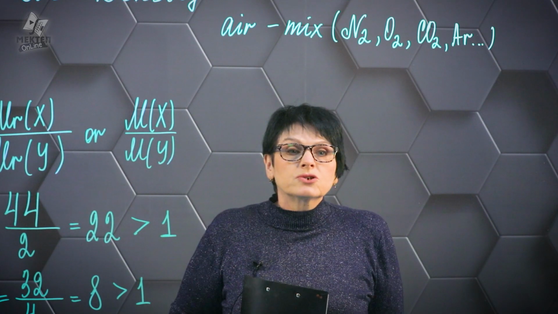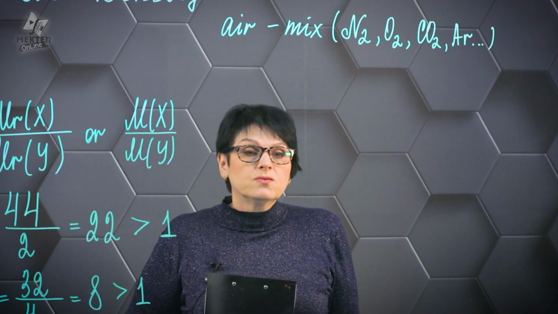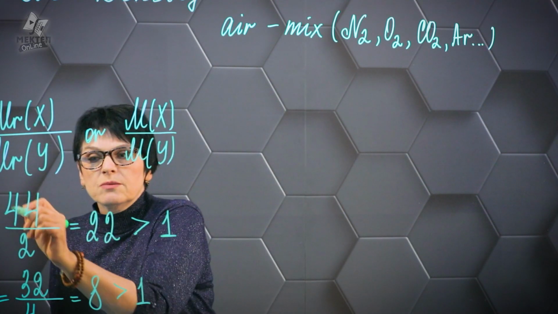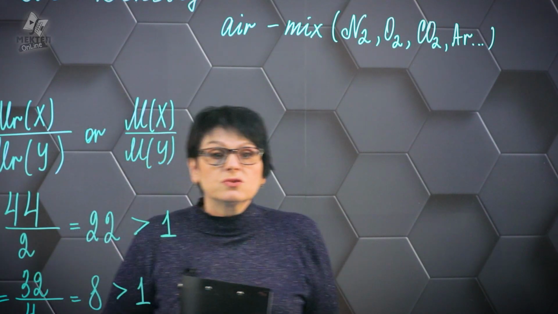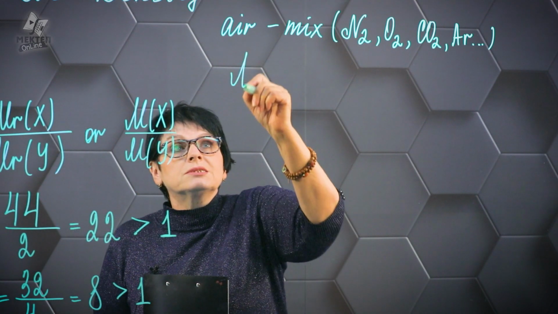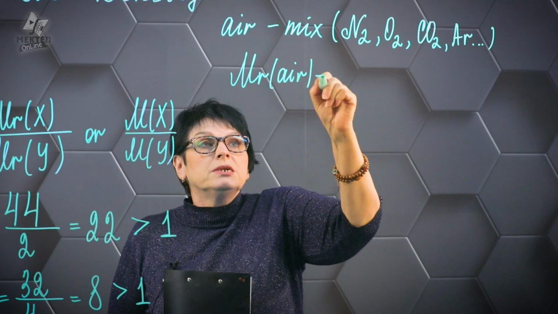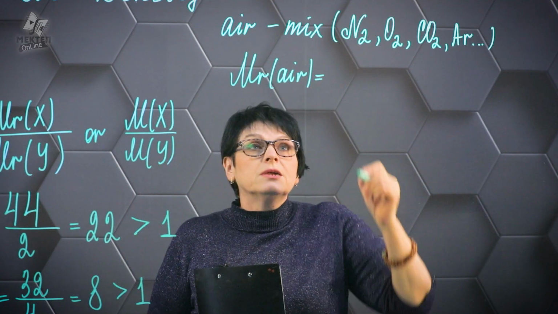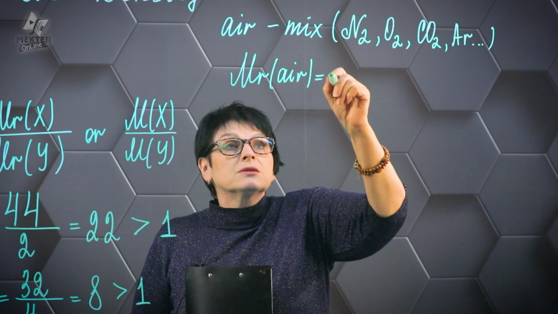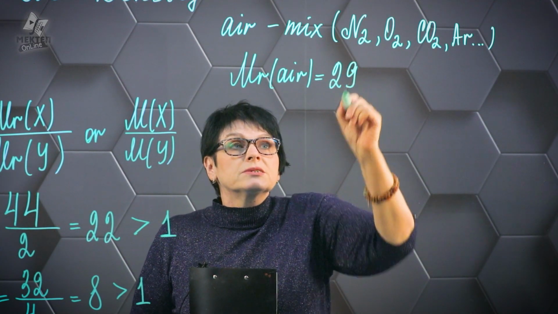So we can't calculate the molecular weight of air in the usual way, as we did for CO2 and oxygen, for example. Then we have to remember that the molecular weight of air is a value which was calculated with the help of special methods, and it is equal to 29.